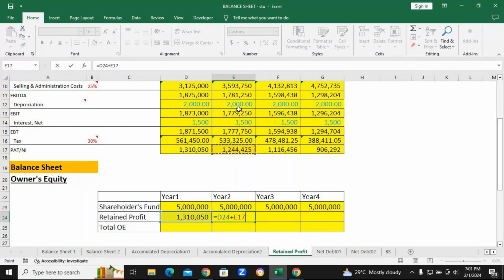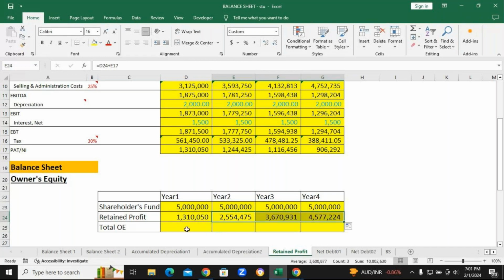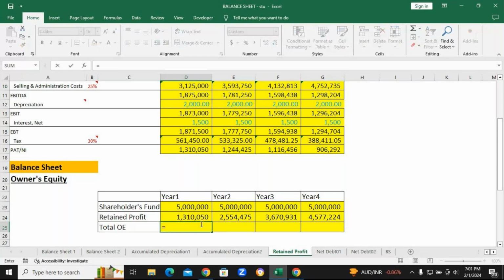Whatever next year's PAT, net income, I have got, should be added with the previous year retained profit. Now total owner's equity equals shareholders fund plus the retained profit. I come here and drag it towards my right.